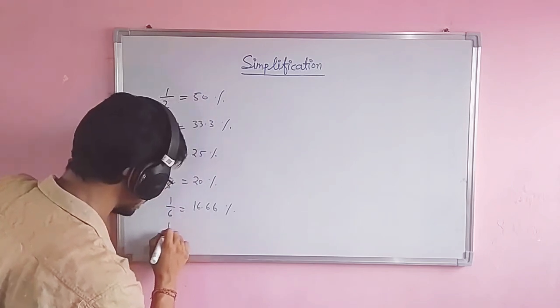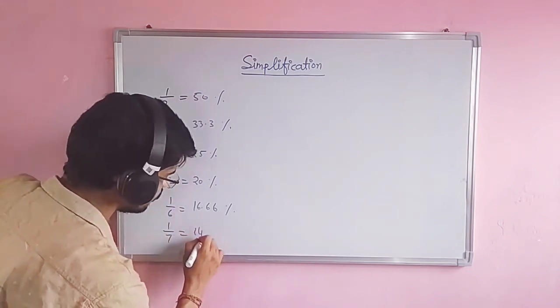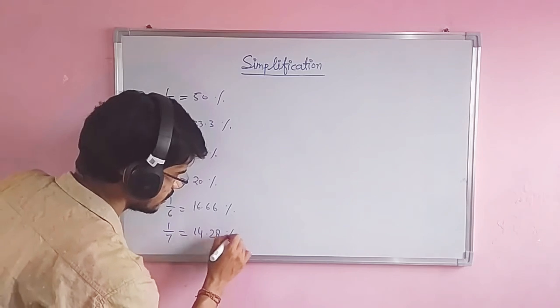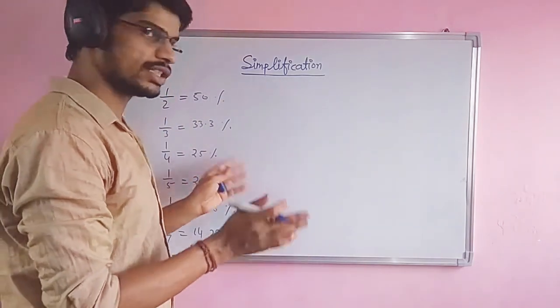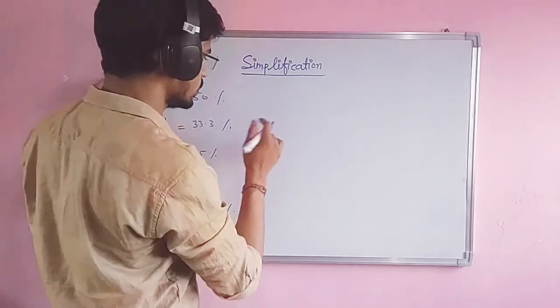Here 1 by 7 is equal to 14.28%. We use this in the next questions in this session.